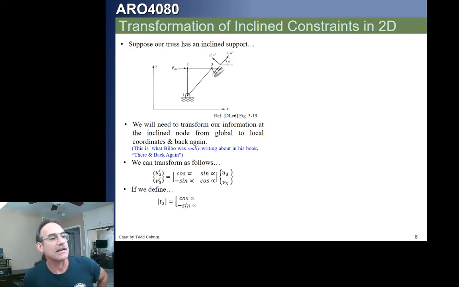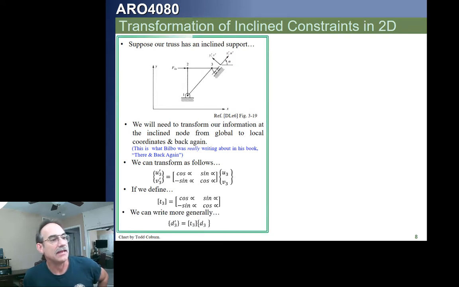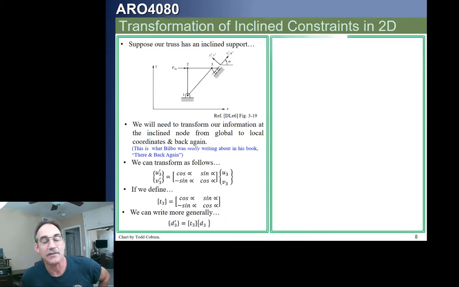We're going to define this as T3 at the node. This is our little transformation at that node, and because of that, we can write this more generally, that our local displacements are equal to this transformation matrix T3 times our global displacements at any node, but only at the inclined nodes.